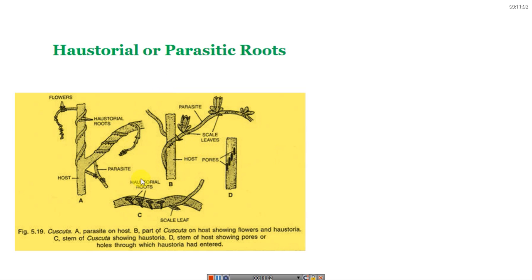So it gives rise to special types of roots that have haustoria in them, that get inserted into the host plant's stem and reach up to the xylem and phloem and absorb the nutrition out of the host. Such roots helping the parasitic plant in absorbing nutrition from the host plants are known as parasitic or haustorial roots because they have haustoria in them.